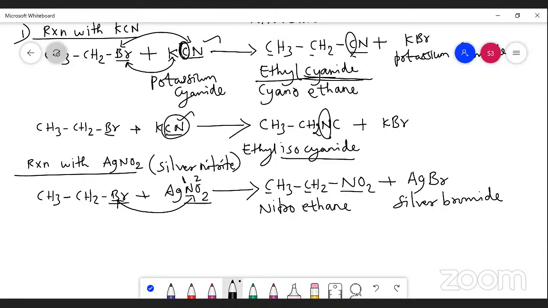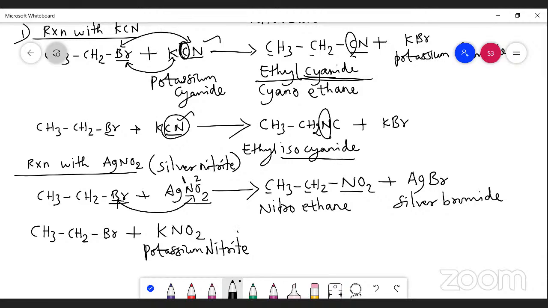Next, the same reaction: CH3CH2Br, but instead of silver nitrite, if I use KNO2, potassium nitrite. While writing NO2 and NO3, be clear: NO3 means nitrate, NO2 means nitrite.